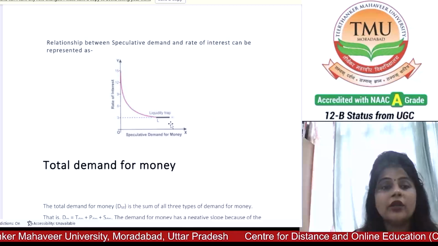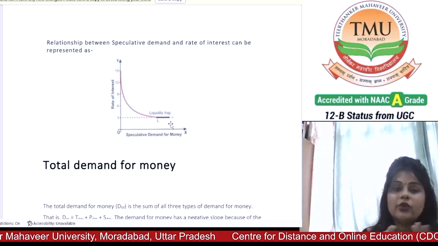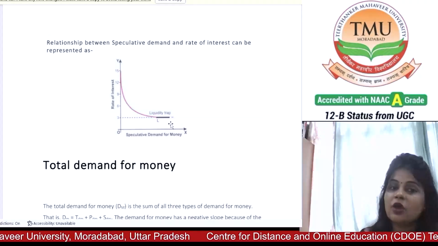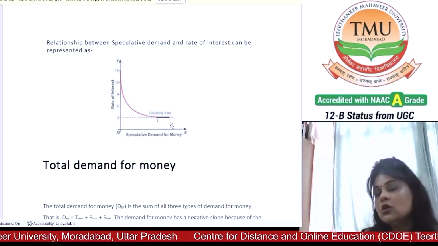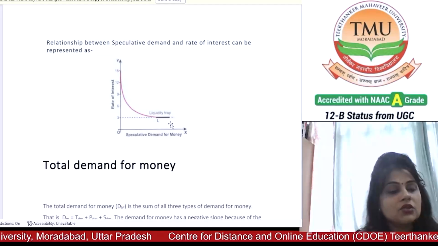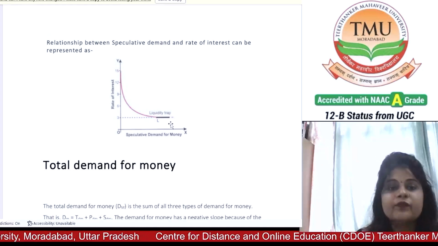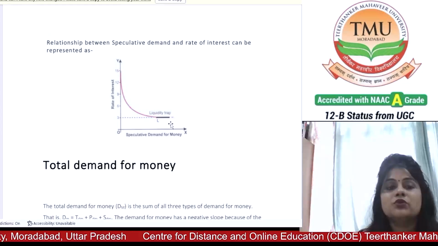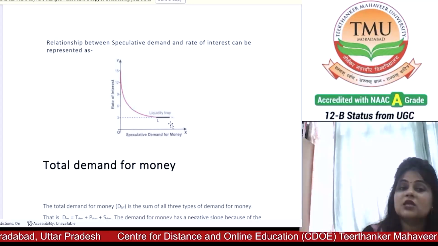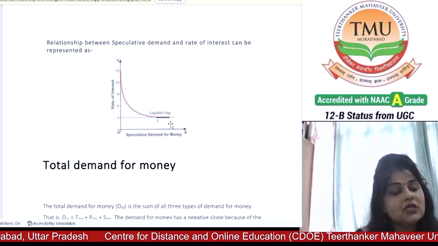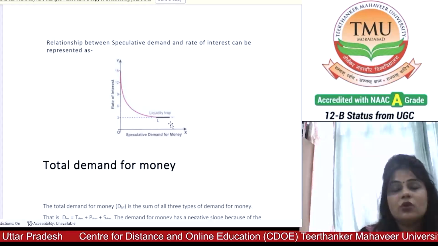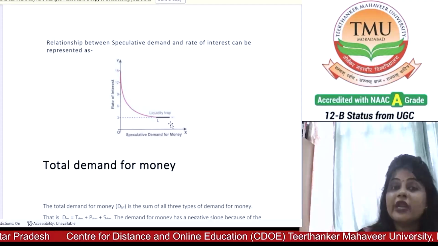If the total liquid money is M, the transaction plus precautionary motives are shown by M1 and the speculative motive by M2. So M is equal to M1 plus M2. I have also discussed that M1 is equal to L1, a function of Y, and M2 is equal to L2, a function of the rate of interest.